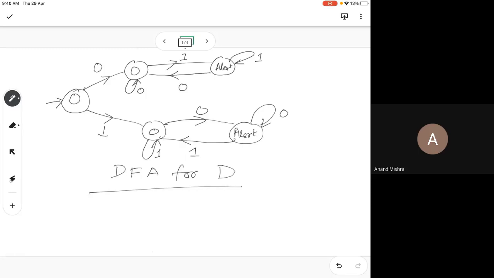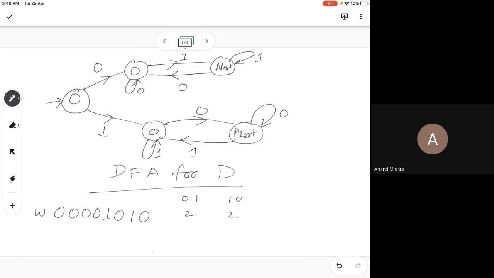Let's take an example. Let's say 0, 0, 0, 0, 1, 0, 1, 0. How many 0 1 are there? How many 1 0 are there? 0 1 is 1, 2, and 1 0 is 2. So this would be accepted.